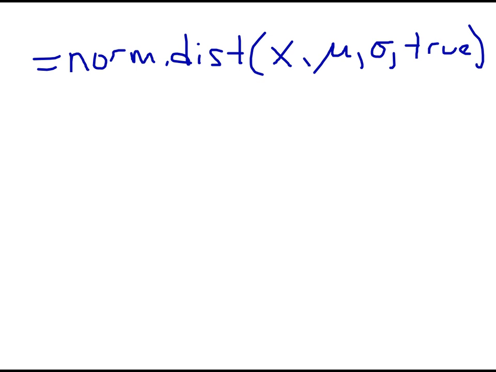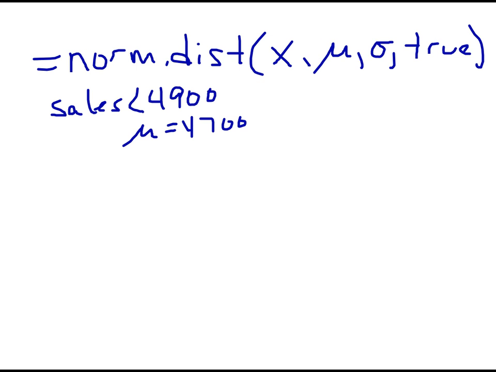So let's look at the previous problem where we were looking at the probability of sales less than 4,900 when the mean equaled 4,700 and standard deviation equaled 500.